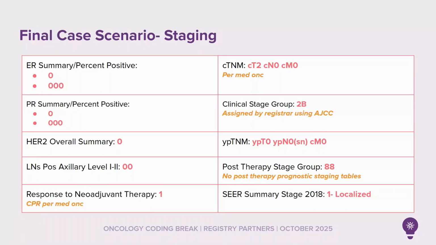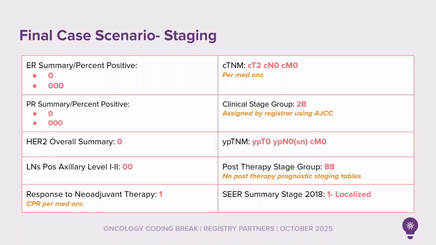For AJCC staging, the clinical stage assigned by the MD was cT2, cN0, cM0, and the registrar assigned the stage group as 2B based on the clinical prognostic staging table for triple-negative grade 3 disease. The AJCC post-therapy stage, surgery was completed as planned after the full course of neoadjuvant therapy, so we will use the yp staging.